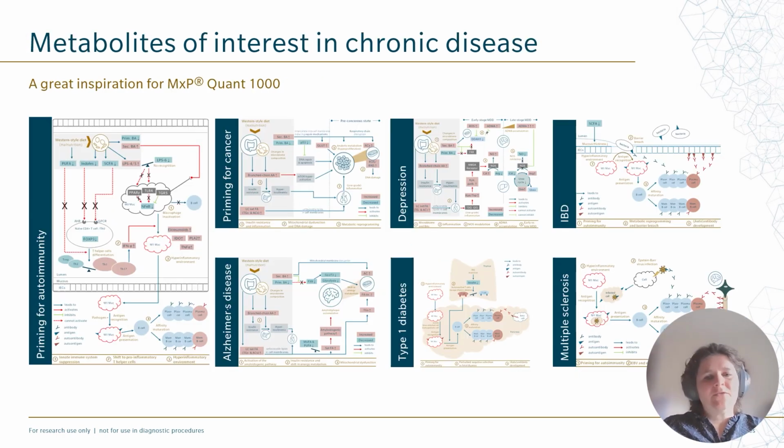So going back to our white paper, if you go to that document, you will see that we studied 6 different diseases. These are cancer, autoimmune diseases, Alzheimer's disease, depression, and so the autoimmune diseases are IBD, multiple sclerosis, and type 1 diabetes.